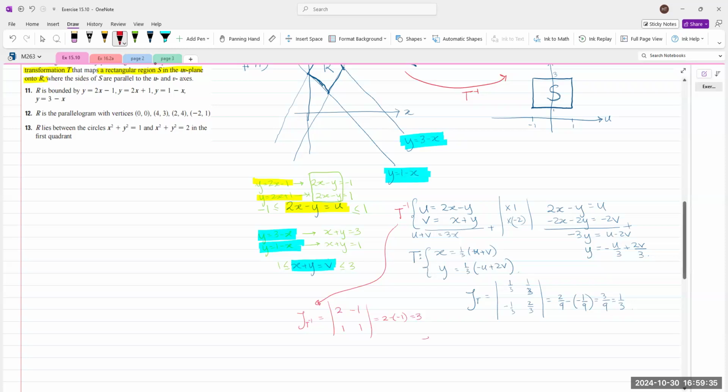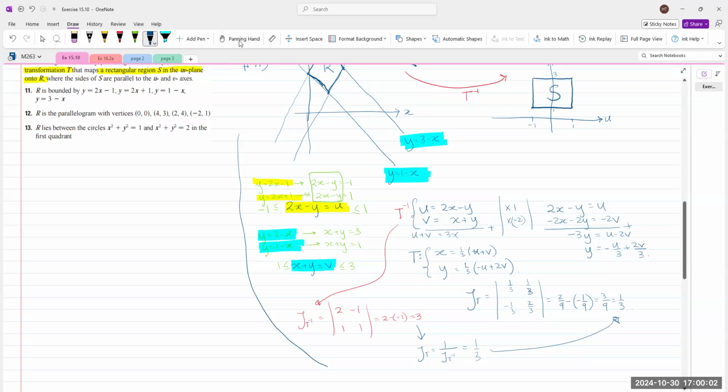So Jacobian of T is 1 over Jacobian of T inverse, which is 1/3. Now you see that we get the same thing. Okay, that's for number 11.